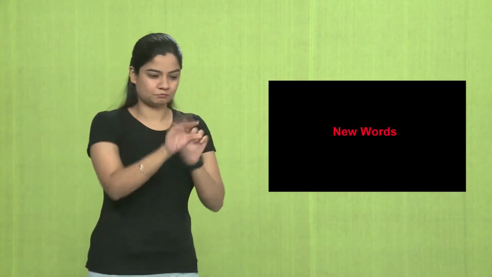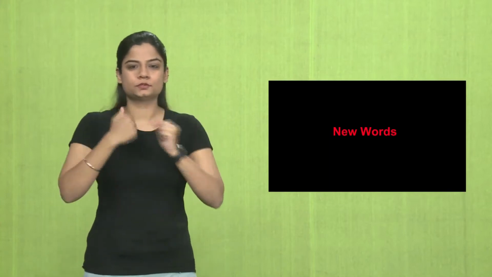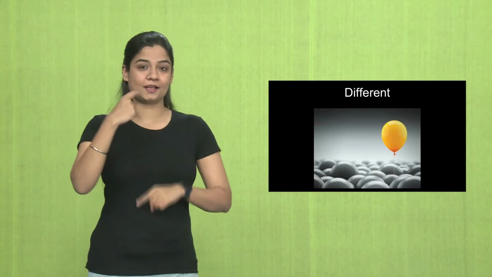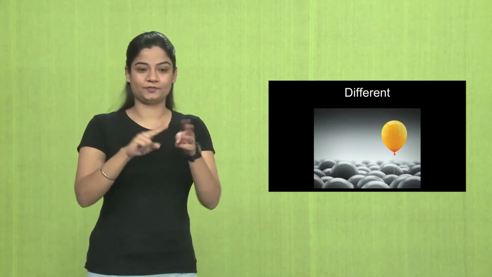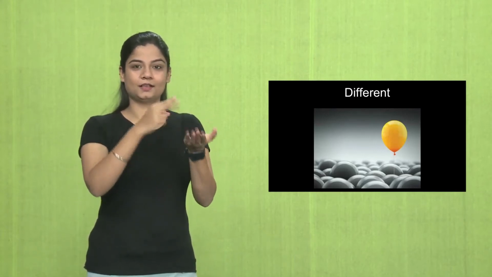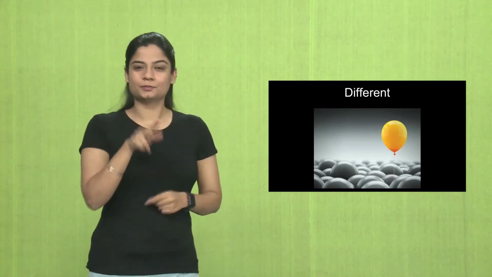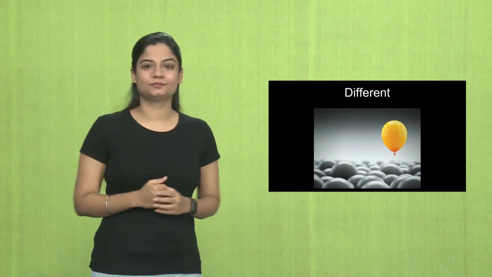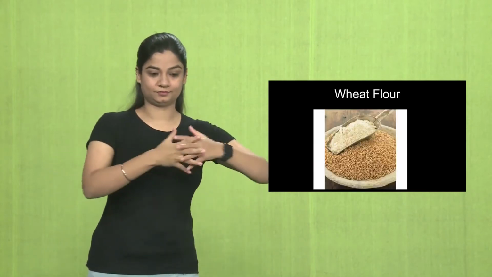Before starting the chapter, let's discuss some new words in Indian Sign Language. Different, not same as each other. For example, a color is different. Colors are different from each other. Wheat flour.